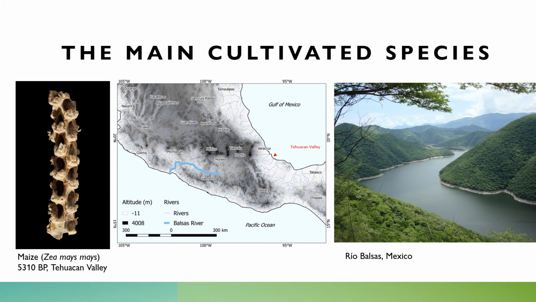The molecular results conform with existing archaeological data from Mexico. The earliest maize cobs recovered from the dry highlands outside the present-day range of wild maize date to 5,300 BP. They are already completely domesticated.